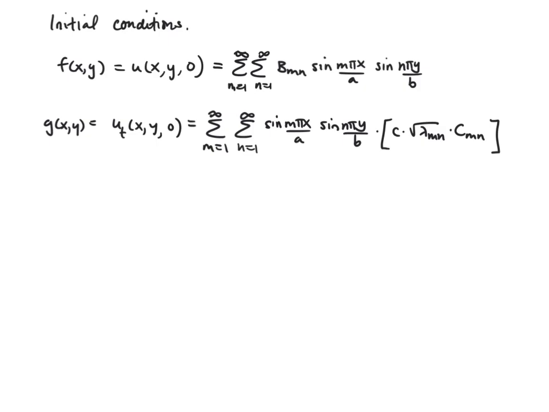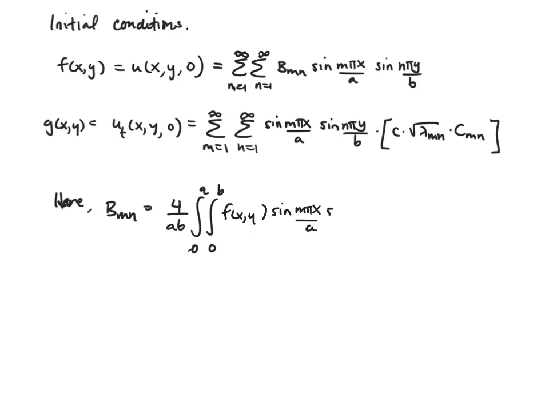So the b_mn is equal to, remember we had this 4 over ab, and then the double integral 0 to a, 0 to b, of f of x, y, sine(m pi x over a), sine(n pi y over b), dy dx.